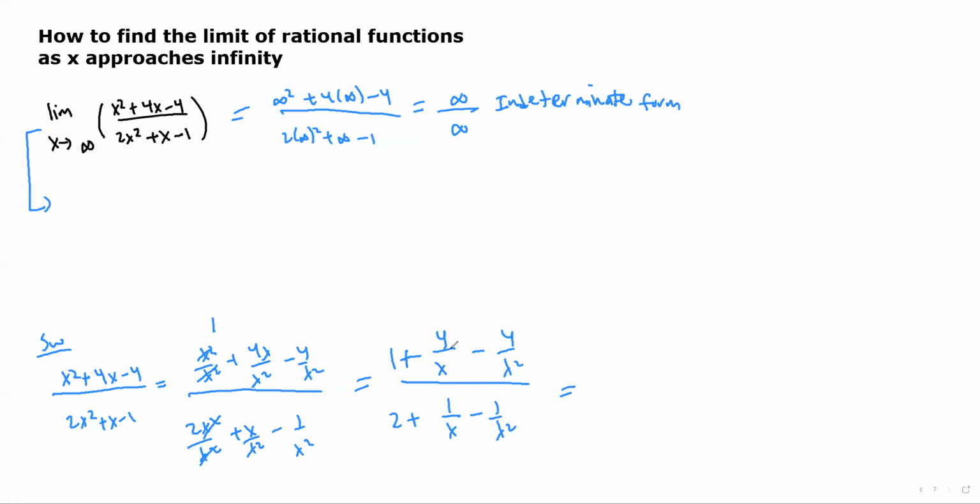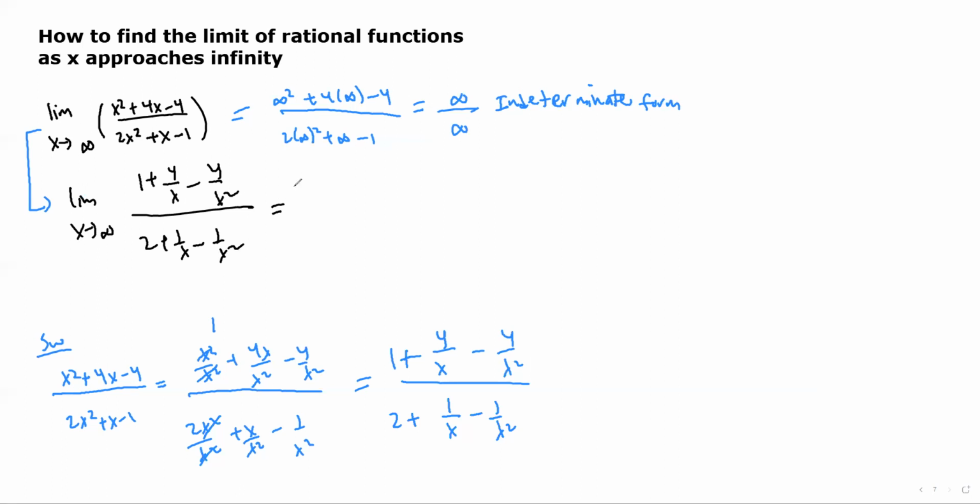So that's what I'm going to have for this next step here. So actually, I'm going to write down here the limit as x approaches infinity of 1 plus 4 over x minus 4 over x squared, divided by 2 plus 1 over x minus 1 over x squared.